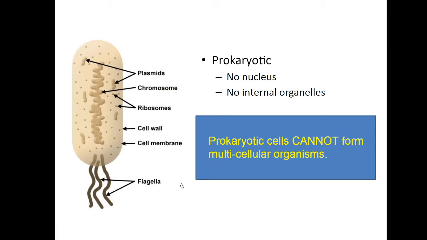While they can work together, and we saw that earlier this year talking about biofilms and quorum sensing, the ability of bacteria to speak to and coordinate with each other, they can live with each other, but they can't form a multicellular organism that has specialized organs and specialized functions for those organs.